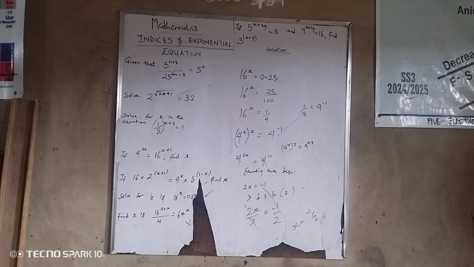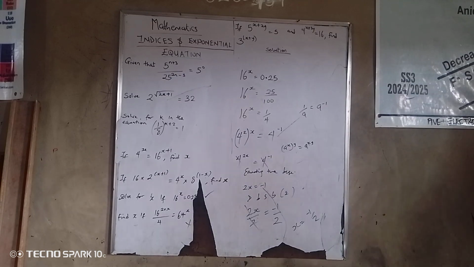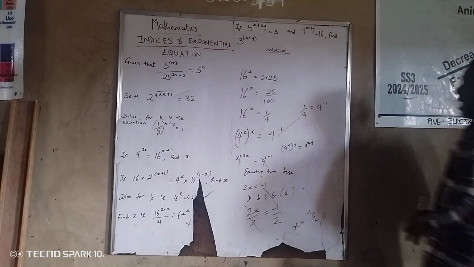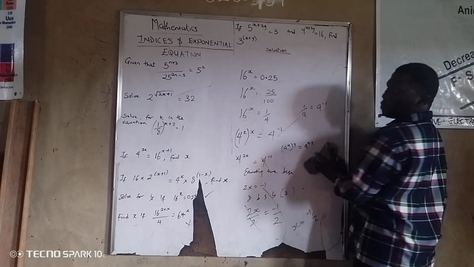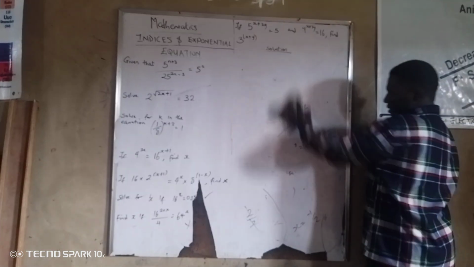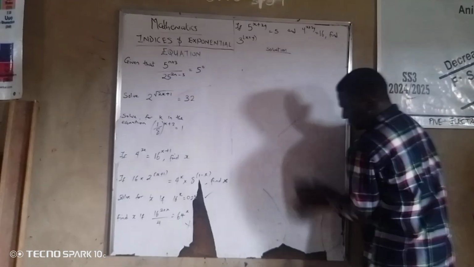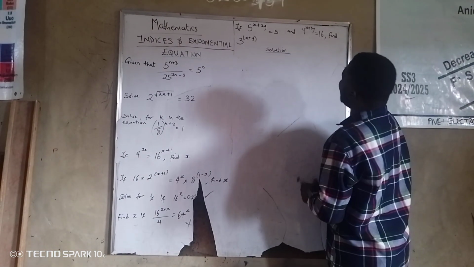Back to the very last question. In this question, we have two different equations with two variables, which indicates that we are going to approach simultaneous equations in the course of working on the exponential equation. So let's have it.